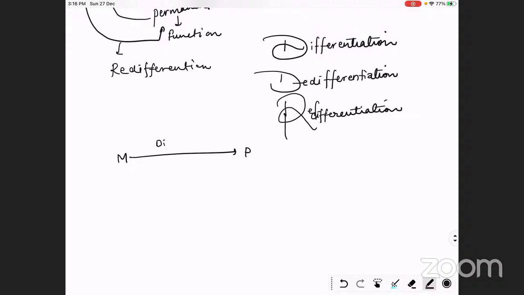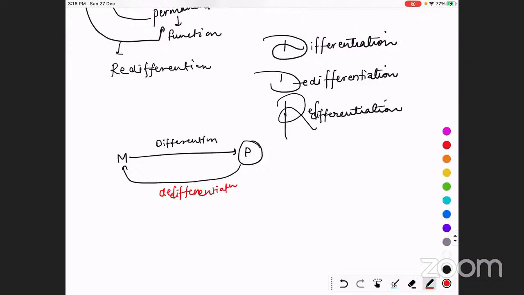This thing is the differentiation. If this permanent cell loses the maturity, and again it becomes the meristematic cell, this is known as the de-differentiation. And the third thing, if this de-differentiated meristematic cell again becomes the permanent cell, then it is known as the redifferentiation.